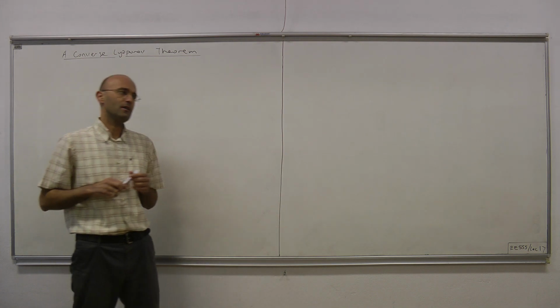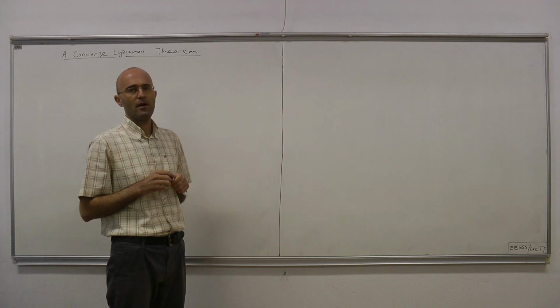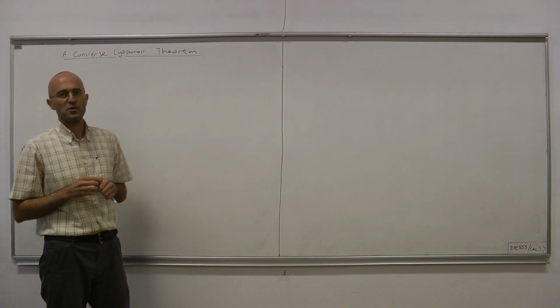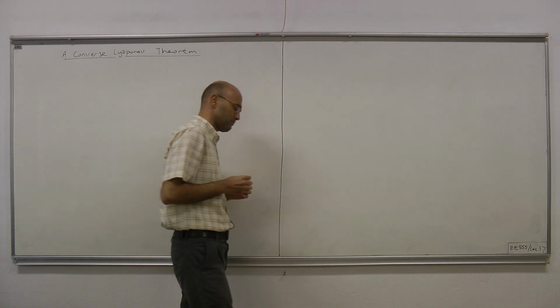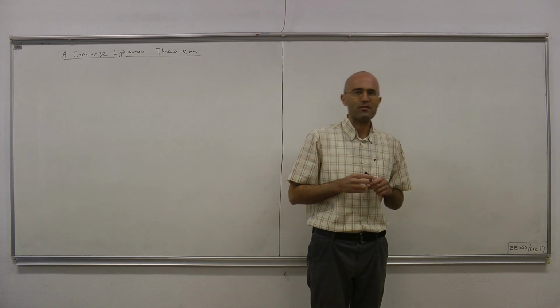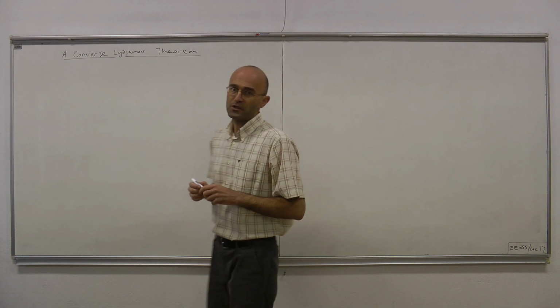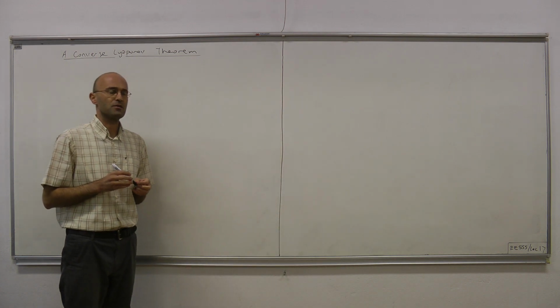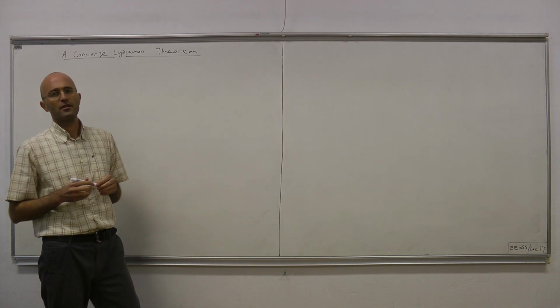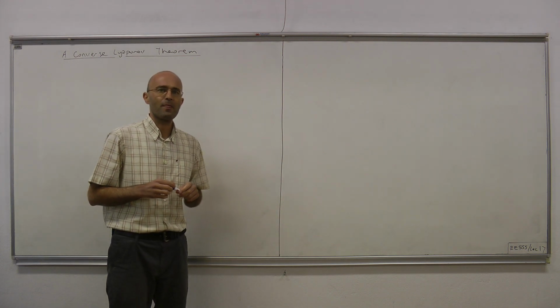So we talked about the Lyapunov approach to stability, and the main theorem was for a given, let's say, autonomous system, for simplicity, for which origin is an equilibrium point.